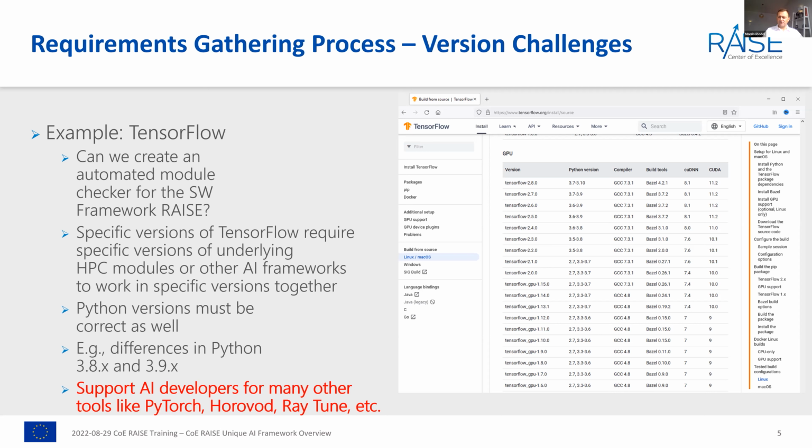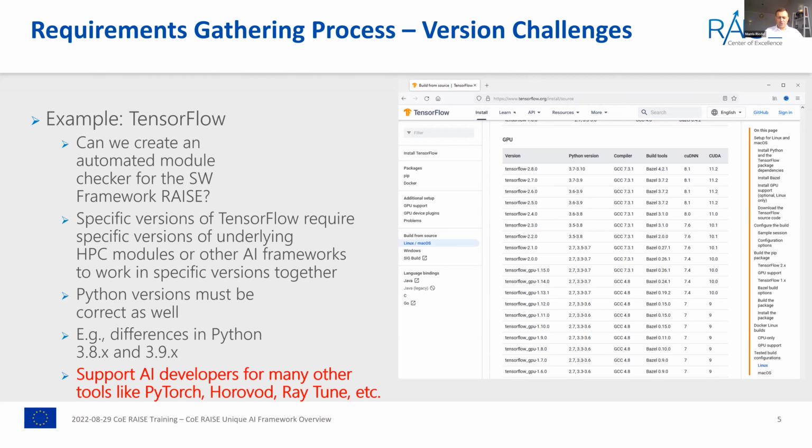And this means time to be invested, right? Which we should always keep in mind. So if you retry and nobody gives you recommendations, what is now the right TensorFlow version to use? And for instance, also how it works together with code that was maybe before on TensorFlow 1. So that's something where RAISE tries to analyze these requirements and how we can address them later with the framework.